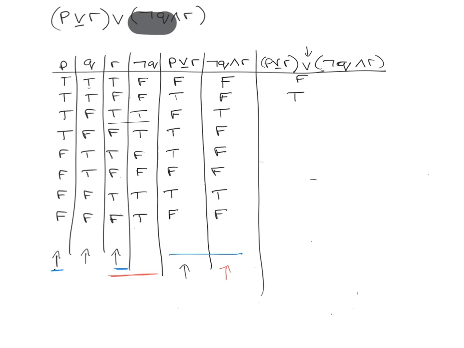We have a true in this one because the first bracket is true. Here the second bracket's true, first bracket's true, first bracket's true. Neither's true, so this is false. They're both true, but because this is just an ordinary or disjunction, that's true, and then they're both false, so that's false. So here we have the completed truth table for this compound statement.